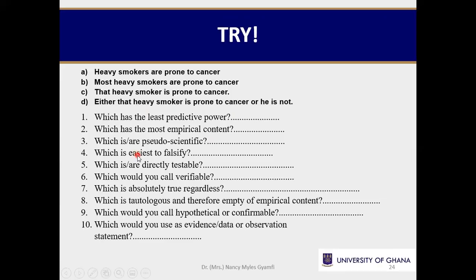I saw something like that there. Then which is easiest to falsify? Look at the reference class. Which one has more? That one can easily be falsified. Which is or are directly testable? Which of them do we directly test? C, of course. Which would you call verifiable? Same thing. If it is directly testable, then it is verifiable. We have said that. Which is absolutely true regardless?